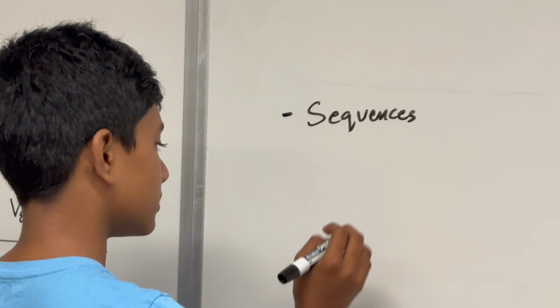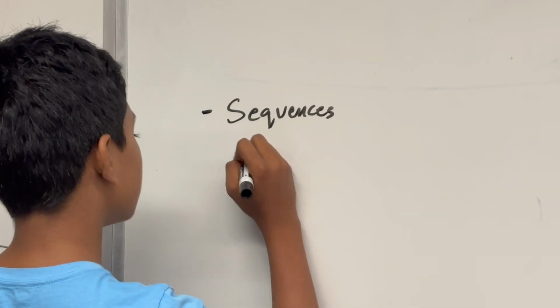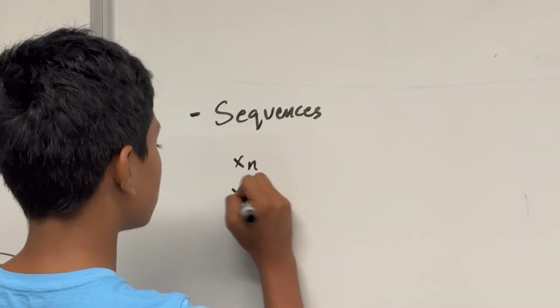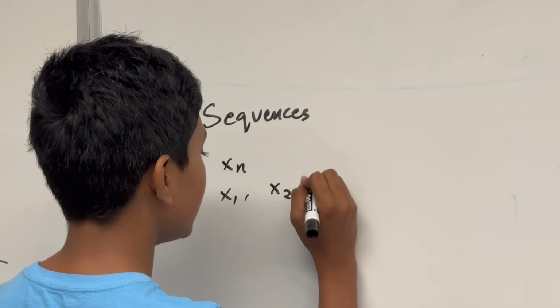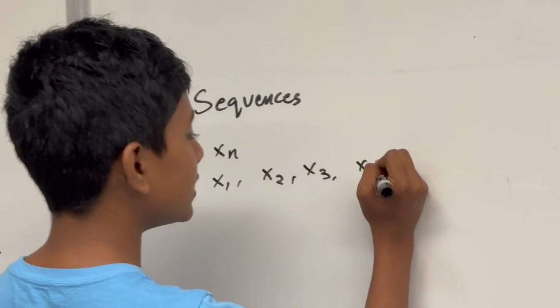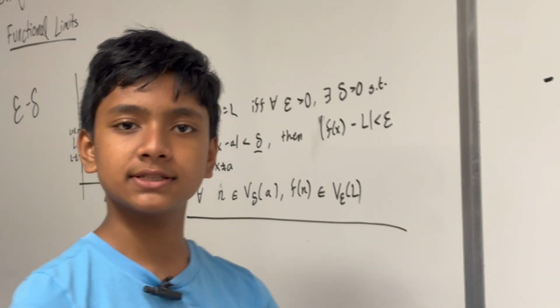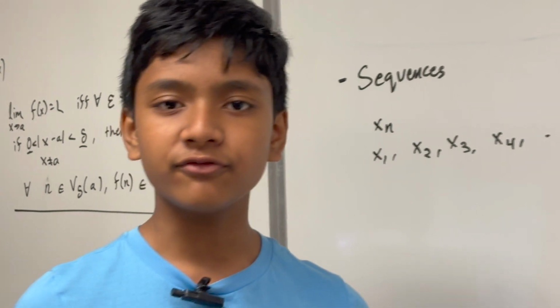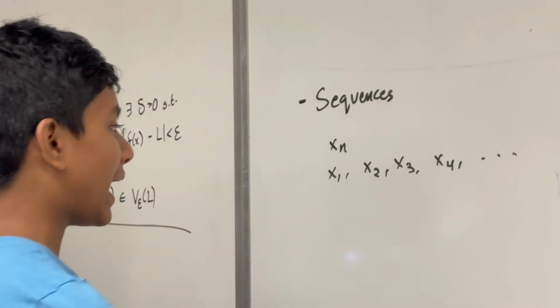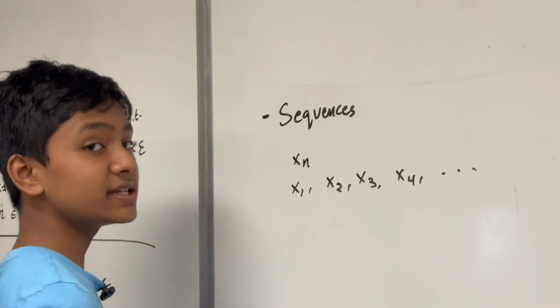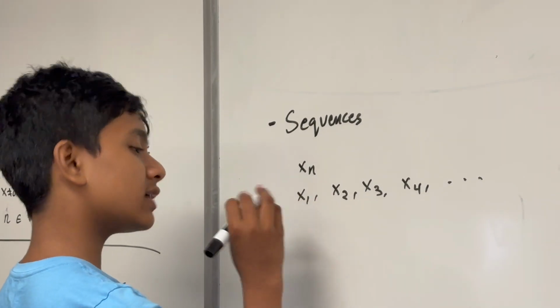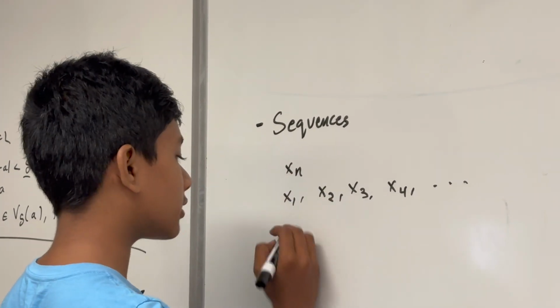You see, if we have a sequence xn, x1, x2, x3, x4, and why are we using sequences? Well, we already have the notion of a limit for sequences. So of course, when we're trying to talk about functional limits, it has to relate back to our notion of limits for sequences. So we get x1, x2, x3, x4, dot, dot, dot.